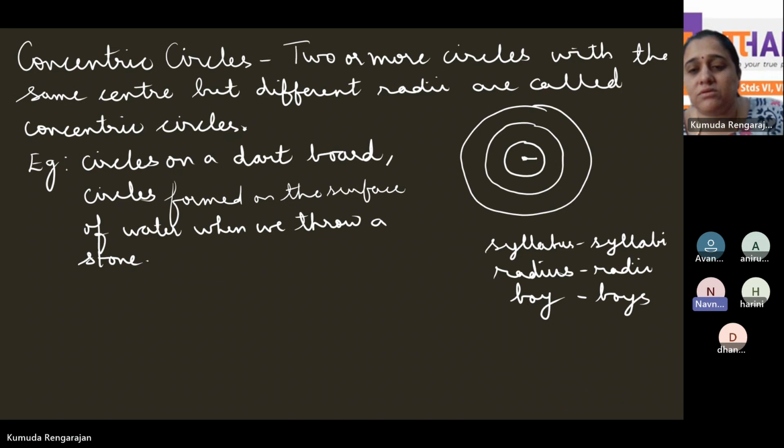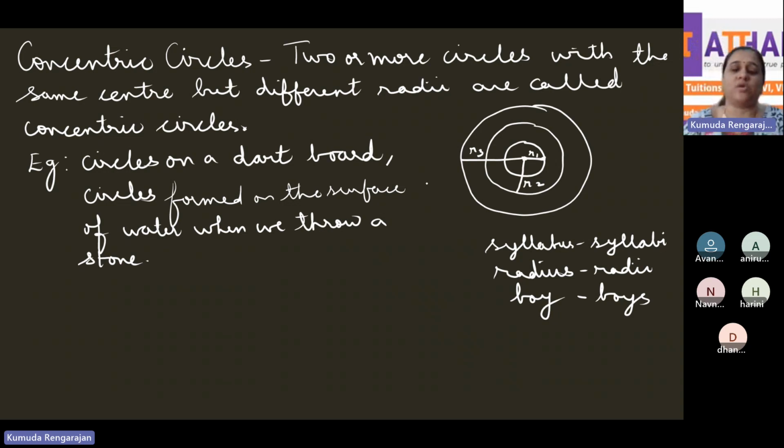See here, this radius from the center to the circumference, you can say R1. From the center to this point, this is R2. From the center to this point is R3. Like that it goes on. So here you can see three concentric circles with the same center O, but radii R1, R2, and R3. Just a minute, children.